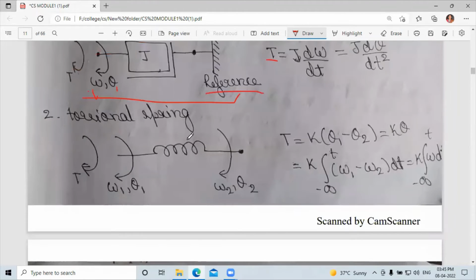Next, the torsional spring: T is equal to K into (theta 1 minus theta 2), which equals K times the integral of (omega 1 minus omega 2) dt. So we have written it in terms of displacement and also in terms of velocity.